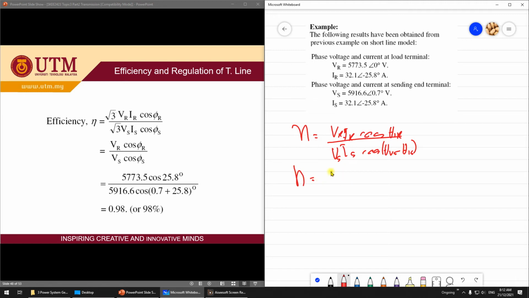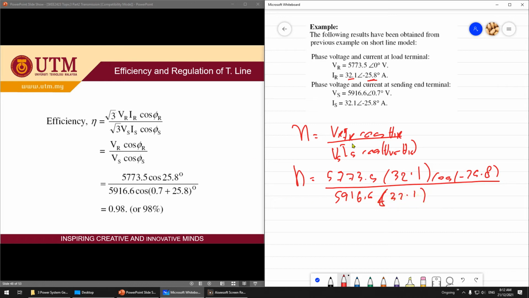So VR, just take the magnitude, 5773.5. This is only the magnitude. Cos only, and then the current 32.1, cos theta IR is cos negative 25.8, divided by 5916.6, no need for the angle, 32.1.